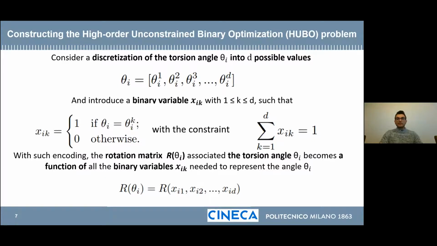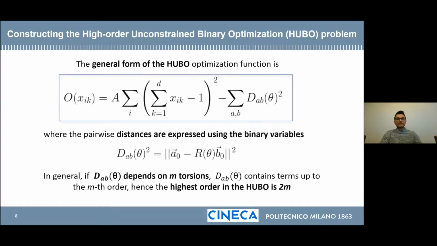In the end, our rotation matrices will be a function of our binary variables. So this is the general form of the HUBO optimization function, where the first term is associated with the hard constraint explained before, multiplied by a constant A, and the second term is the term associated with the optimization of our problem.